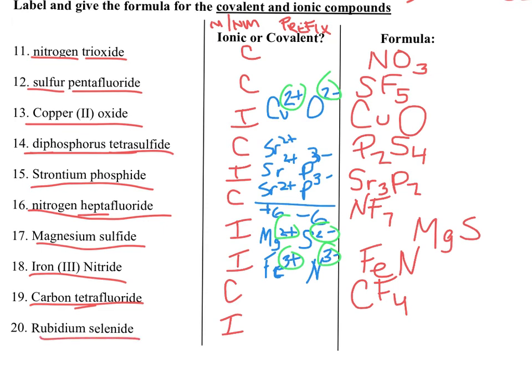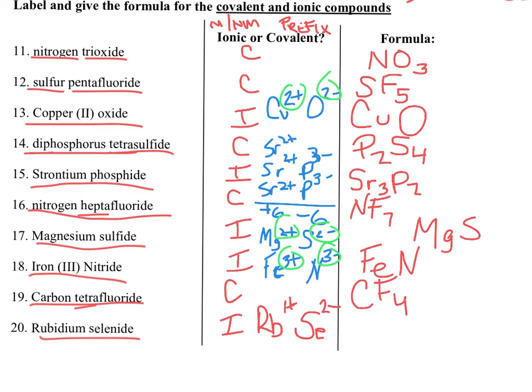And last but not least on this page is rubidium selenide. Okay, rubidium is a metal. If I look that up on my periodic table, rubidium is in the first column of the periodic table. That is a +1 charge. Selenium, Se, which is a nonmetal, selenide, has a 2- charge.